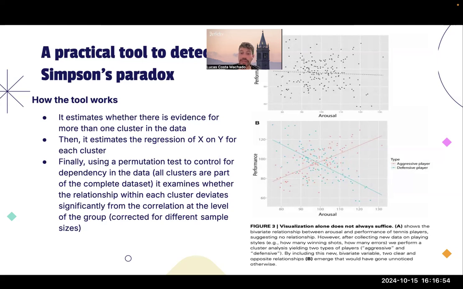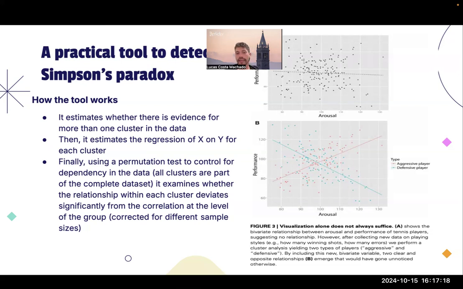On the right, we can see one example of the clusterization I was talking about. This graphic describes the performance of a tennis player as a function of arousal. In the aggregated data, you see basically no correlation between the two variables; it's slightly negative, but basically no correlation.